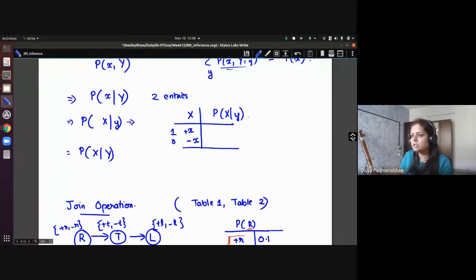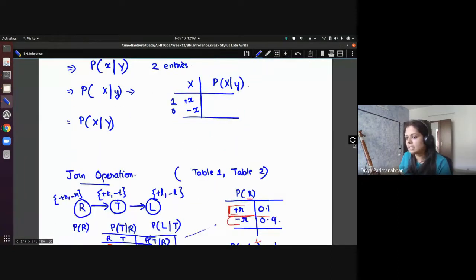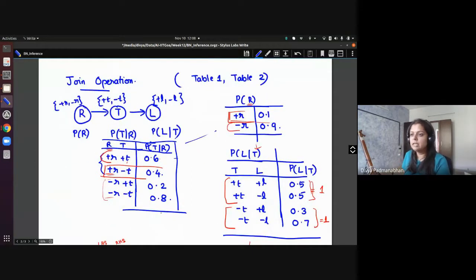This is what we saw yesterday, and we started looking at the join operation. For this example, R, T, L, this was a chain-based network, a causal chain.